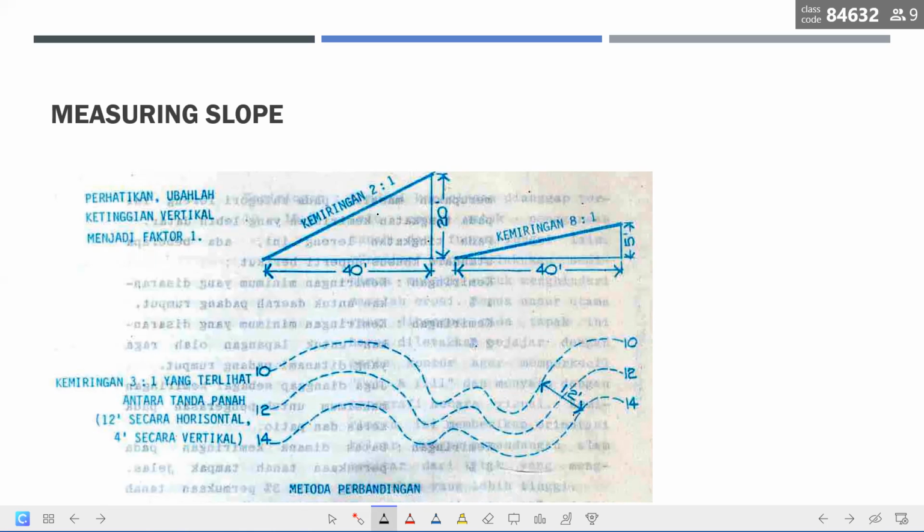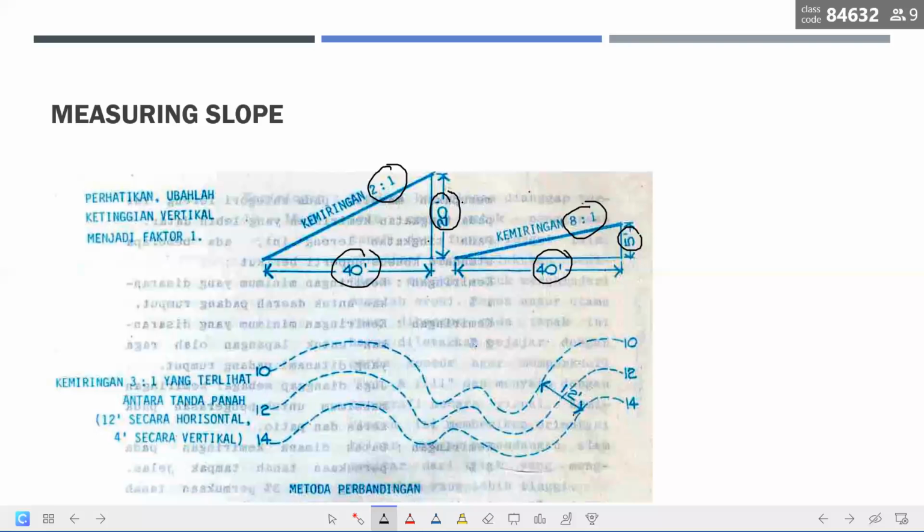So from a 4-to-2 ratio, or a 2-to-1 ratio, you modify it. You shorten the vertical distance to 40-5, or in simpler terms, it is an 8-to-1 ratio.